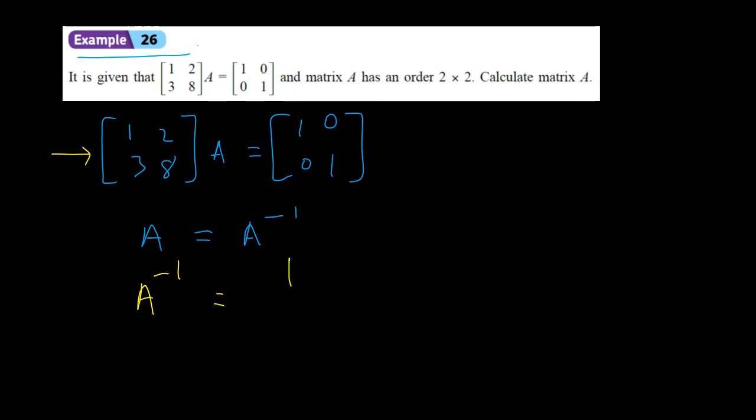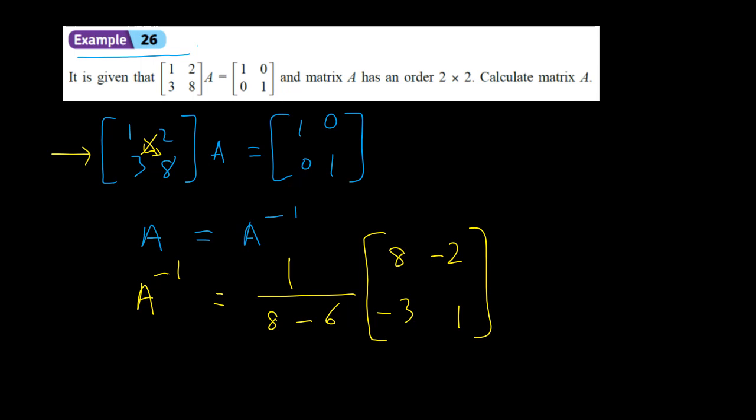Use the formula 1 over 1 times 8 is 8 minus 2 times 3 is 6. Then interchange your 8 and 1, change the sign of 2 into negative, and change the sign of 3 into -3. So you get your inverse matrix is 1/2 times 8, -2, -3, 1.